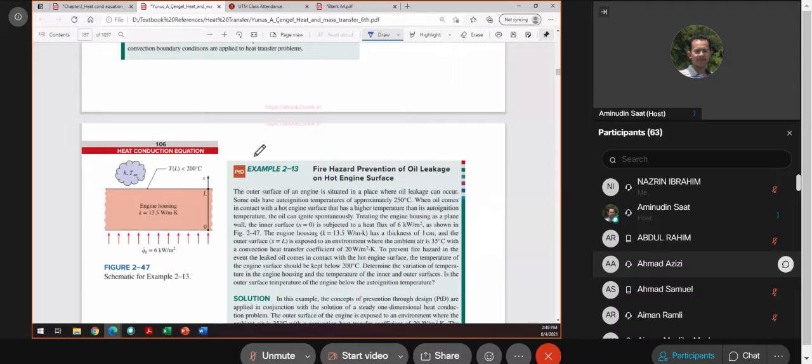For the cylindrical there is an example at 215, and for the spherical at 216.